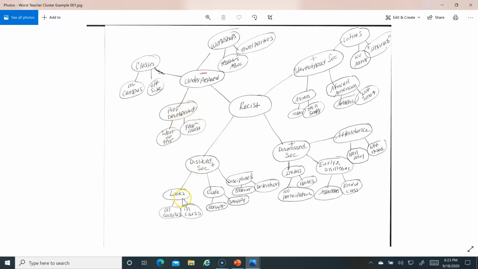So for example, how or when did she give dirty looks on campus, in class? How was she rude? She was abrupt with students. She was also snappy. In terms of how did she stereotype students, she was surprised at the fact that Latino students didn't have an accent, and she assumed that everybody was Mexican. So these smaller circles, those are the examples that support these major points. I'm sorry, not the major points, the subpoints. These are your major points. These are your subpoints.